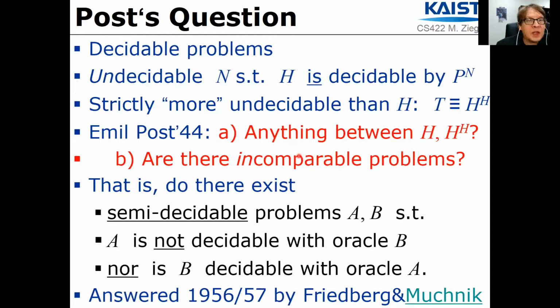So none of them knew of the other. Only later became apparent that both actually had solved Post's problem independently. That's what I'd like to emphasize here, independently. That happens.